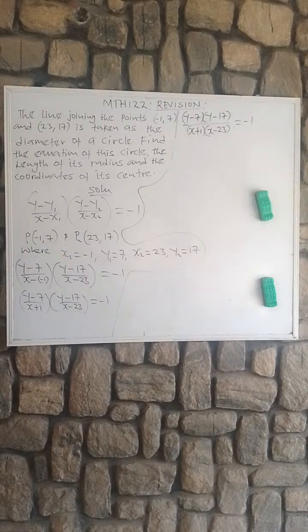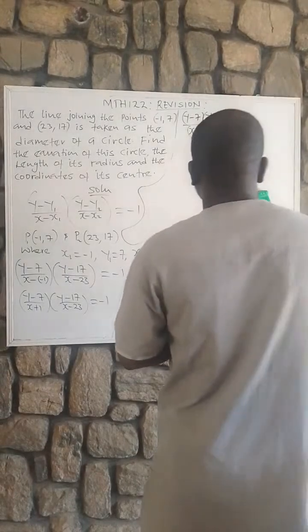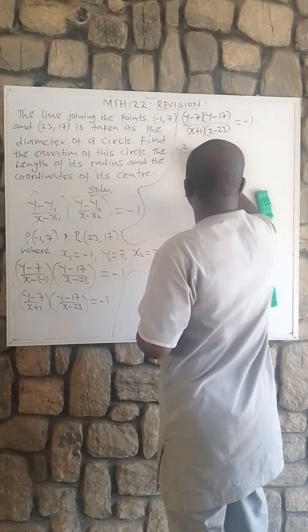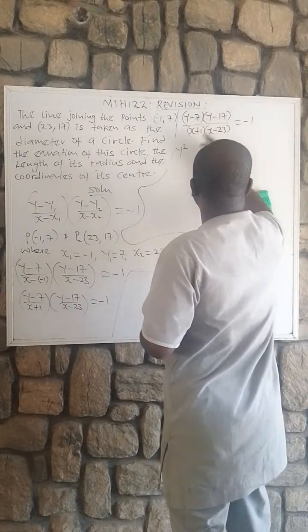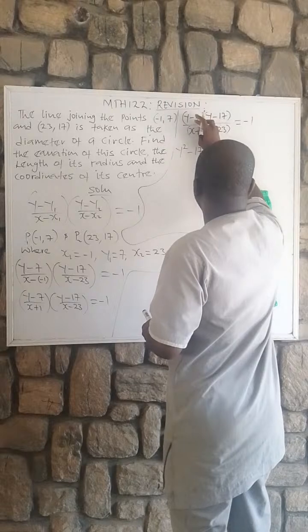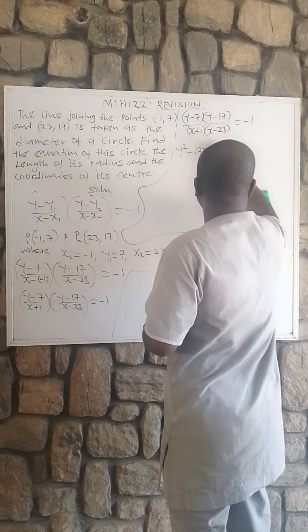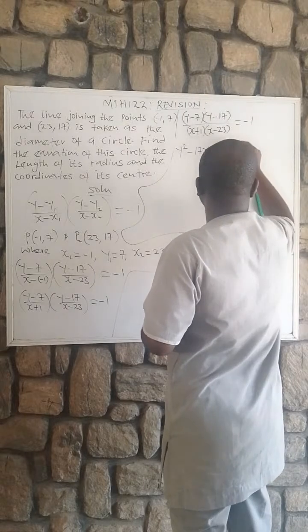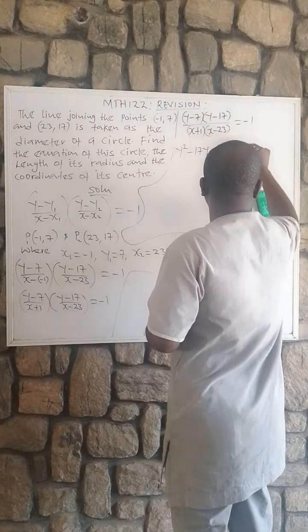So let us multiply out. So y times y, we are going to have y squared. Then y times minus 17 is minus 17y, minus 7 times y is minus 7y, minus 7 times minus 17 is going to give us plus 119.